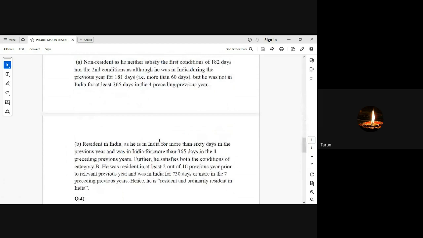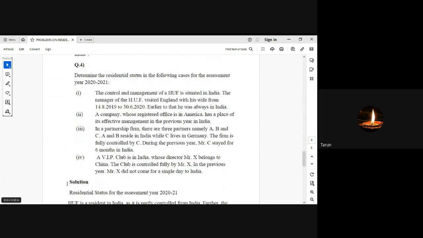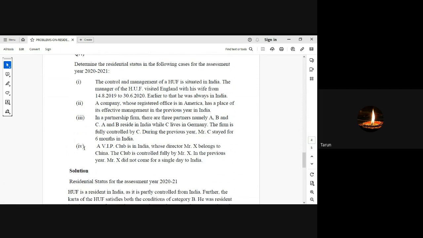Right? So when we talk about question number 4, the questions are related to the Hindu undivided family. These four categories are related to HUF, which I already explained in the slides as well: the rules, the conditions, and how it could be called a resident or non-resident, ordinary or not ordinary. Accordingly, you have to estimate the number of days as applicable, and determine the status of HUF.